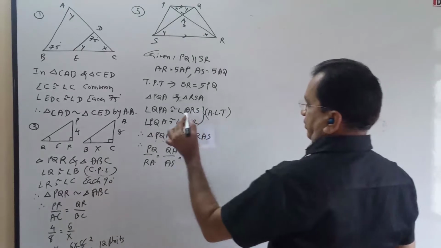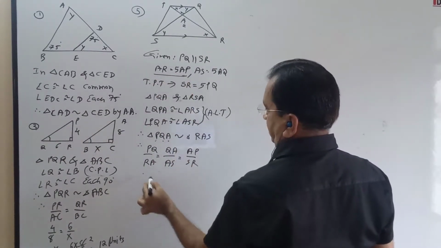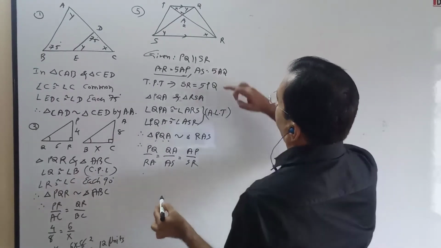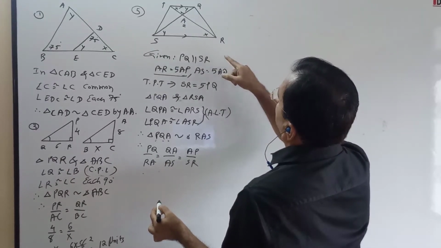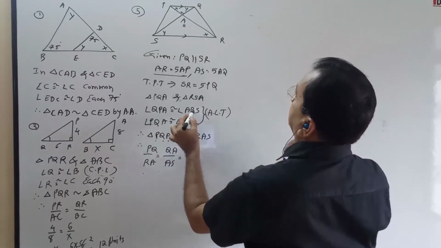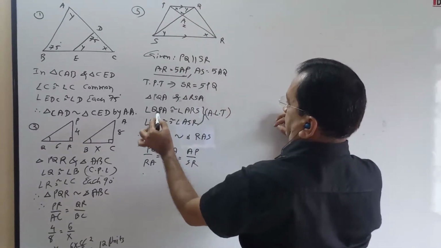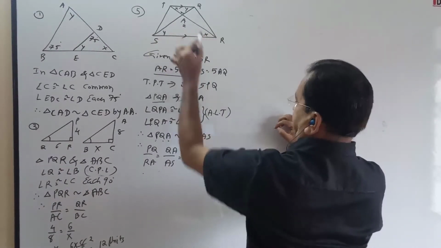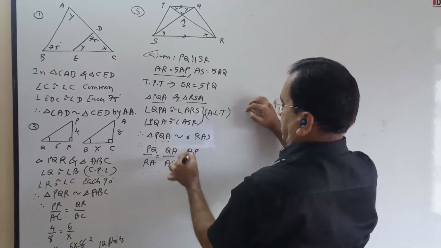Now what they have given, AR is equal to 1/5 of AP. So X Y Z PQA, X Y Z RSA. PQA, RSA.